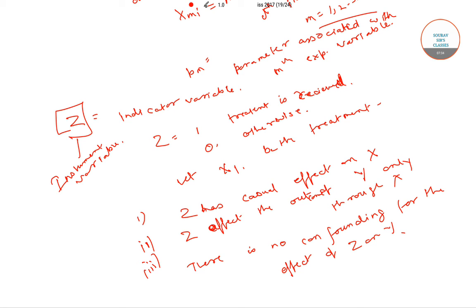So if x1 is the treatment variable, then z will have a causal effect on x1, and z will affect the outcome y only through x1, and there is no direct effect of z on y. It is only through the treatment variable, which in this case is x1.